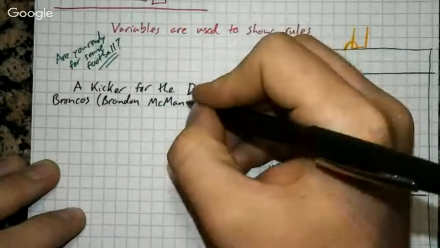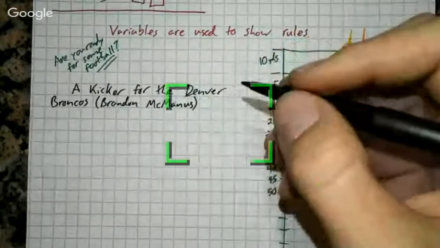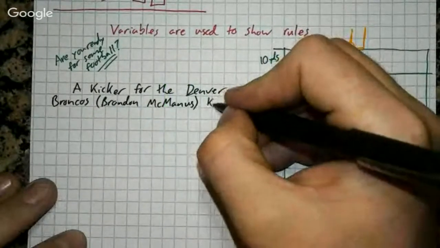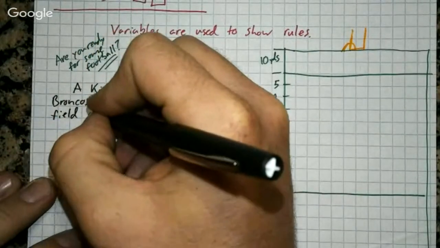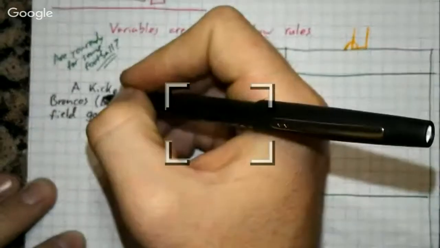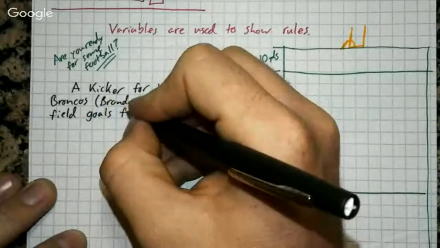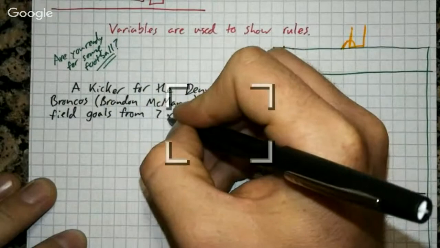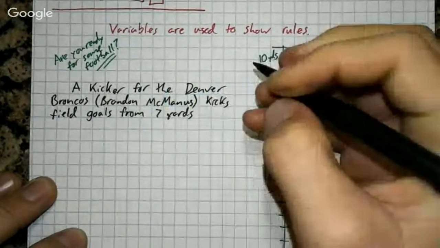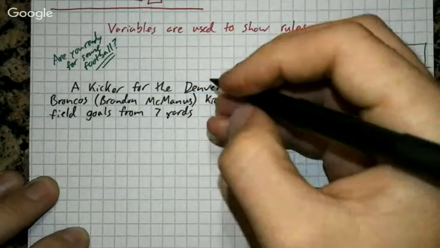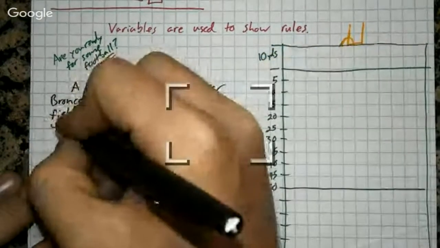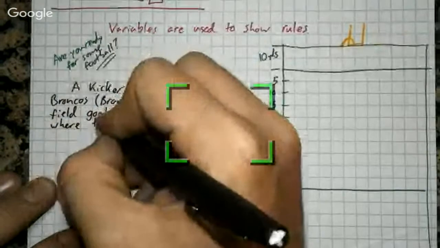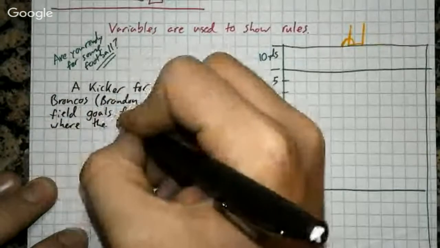Great name, McManus. He kicks field goals from 7 yards behind where the ball is snapped.